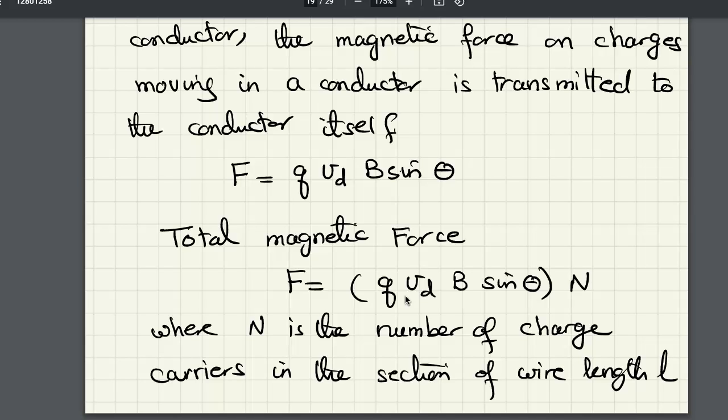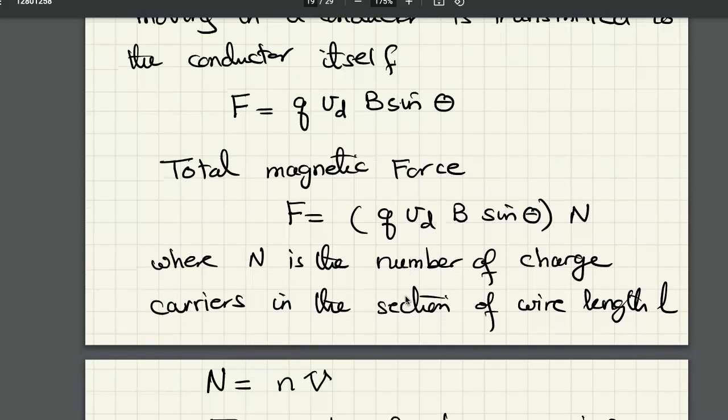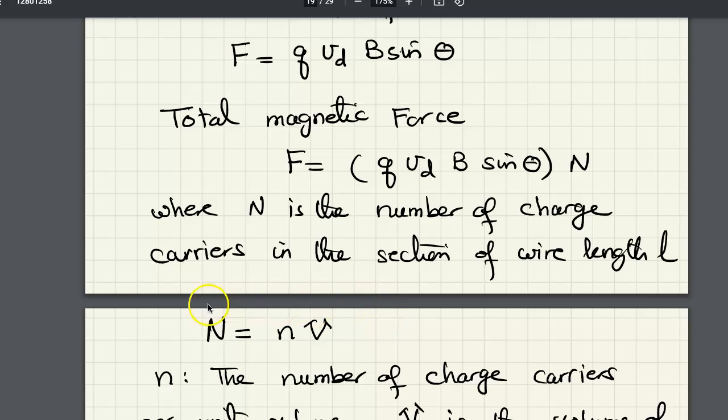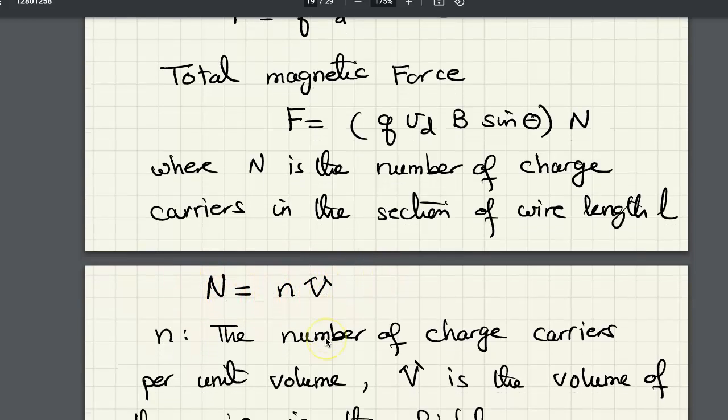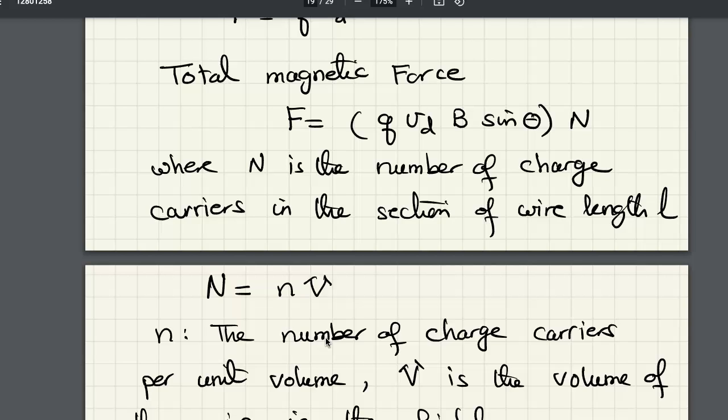It is the number of charge carriers in the section of wire that has a length L, and therefore that total N is going to be equal to n times the volume. Lowercase n is the number of charge carriers per unit volume.